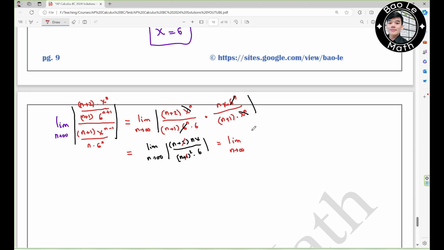The top should be absolute value of n squared times s. The bottom should be n squared times 6. Alright, and we simplify this one. It turns out to be absolute value of s over 6. Right, this guy gone. And then this guy less than 1. And then we have absolute value of s less than 6. Alright, we're done.